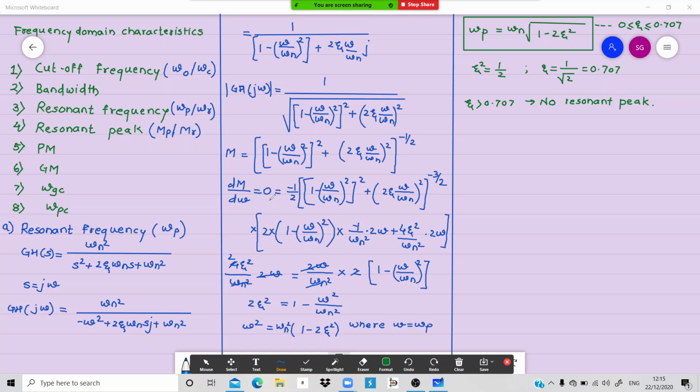Correct? Clear? Okay. Now the next thing is, we want to get this value of Mp. Now what will Mp be when omega is equal to omega p?